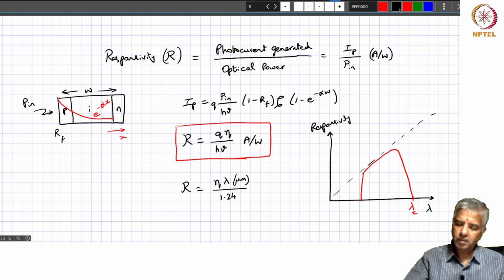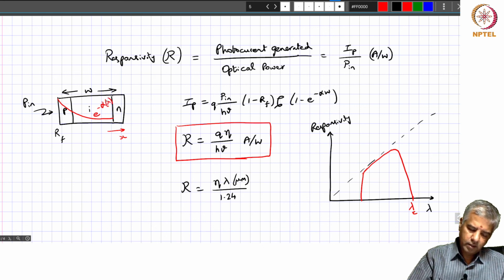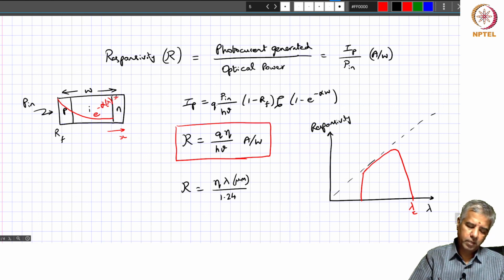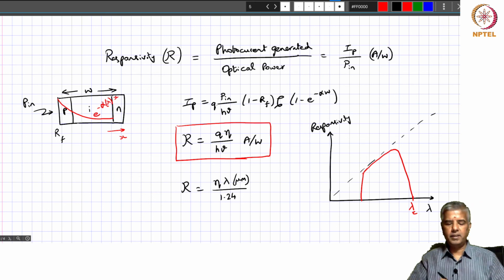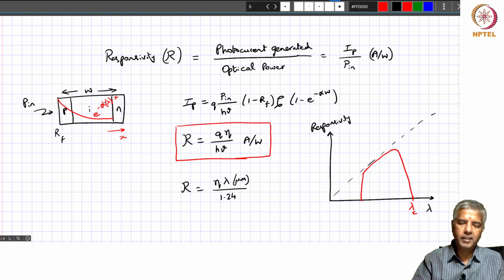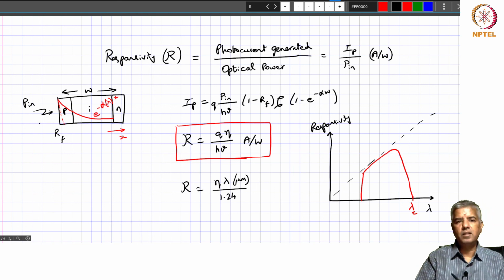So the way I should write this is alpha, which is a function of lambda, multiplied by x. That denotes this variation over here. If alpha is very large, then all your absorption is happening within a very thin slice.